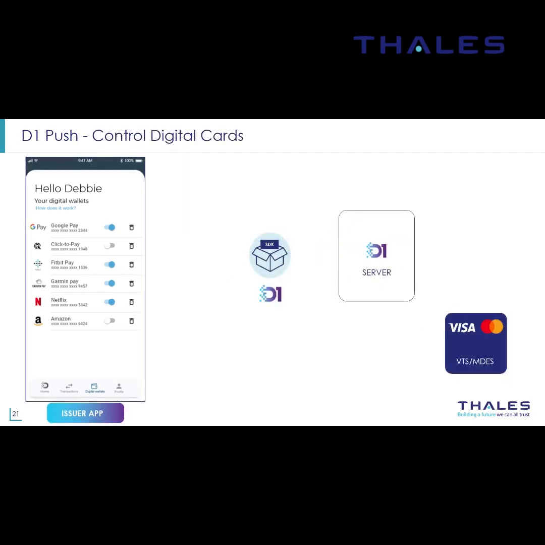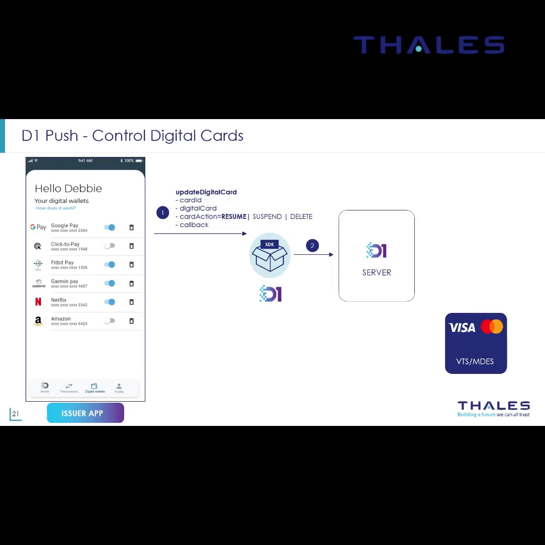Control digital cards. Digital cards can be controlled via the D1 SDK. The issuer app could trigger an action depending on the initial digital card state and user's decision. The Update Digital Card method supports the following card actions: resume, suspend, and delete.